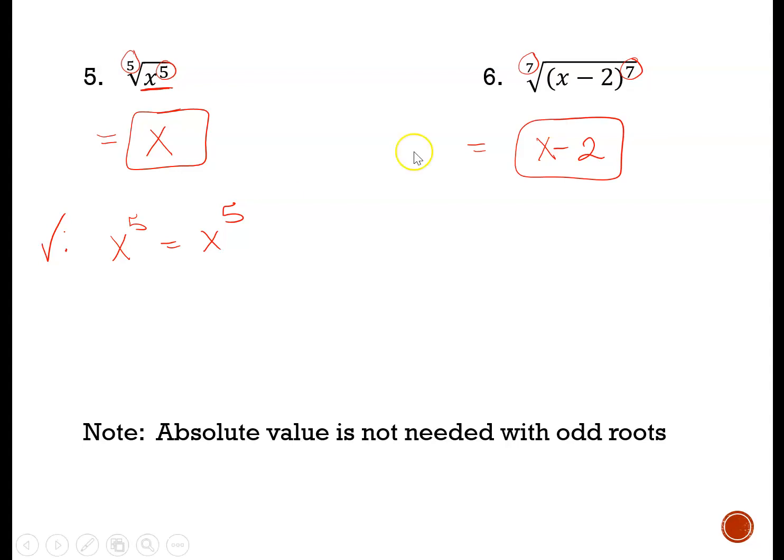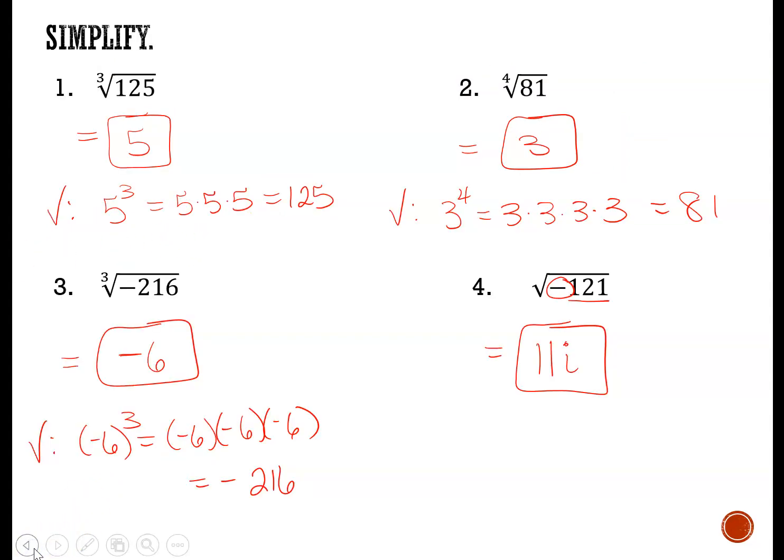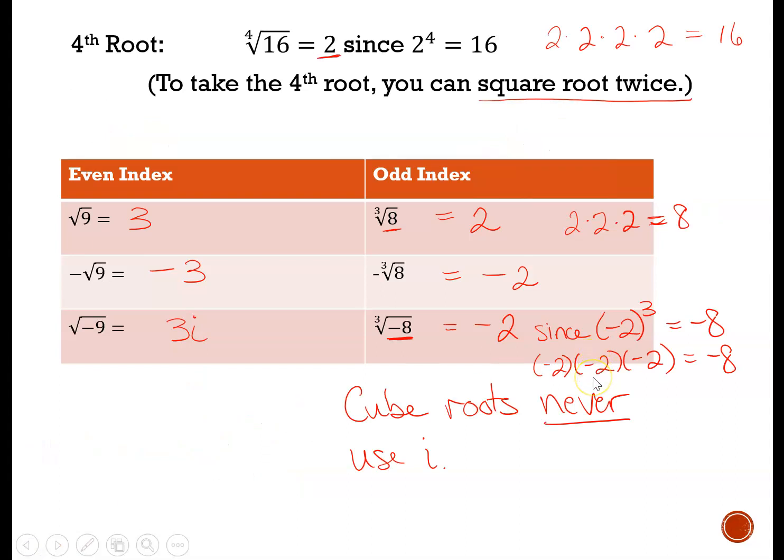Now, let's go back for a second to this. We've talked about that when we have this square root symbol, we always have to have a positive answer, and there were times that we used the absolute value bars, like if I did square root of x squared, to make that answer positive we put absolute value bars on it.